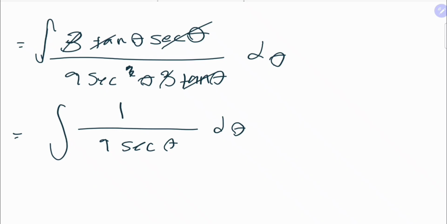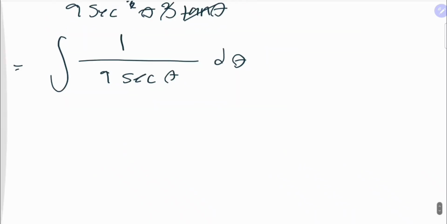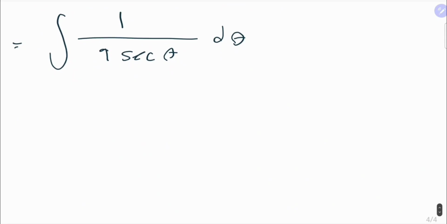Okay, so now we're getting towards the back end of this integral. So this is how we're going to do it. Secant theta is actually 1 over cosine theta.